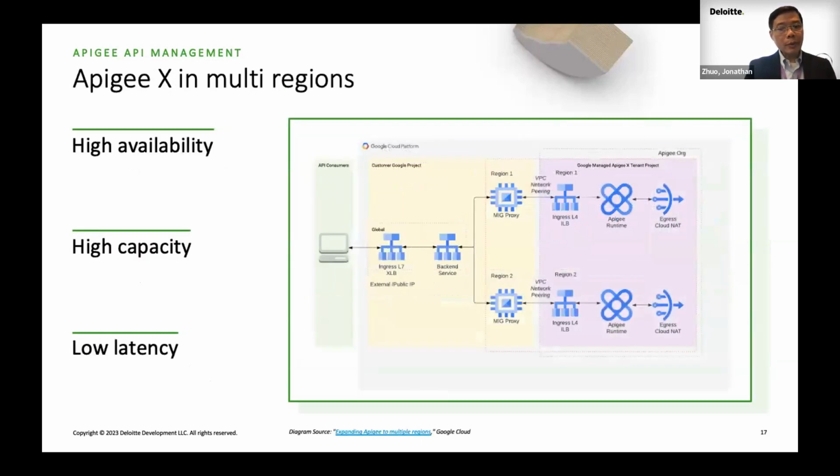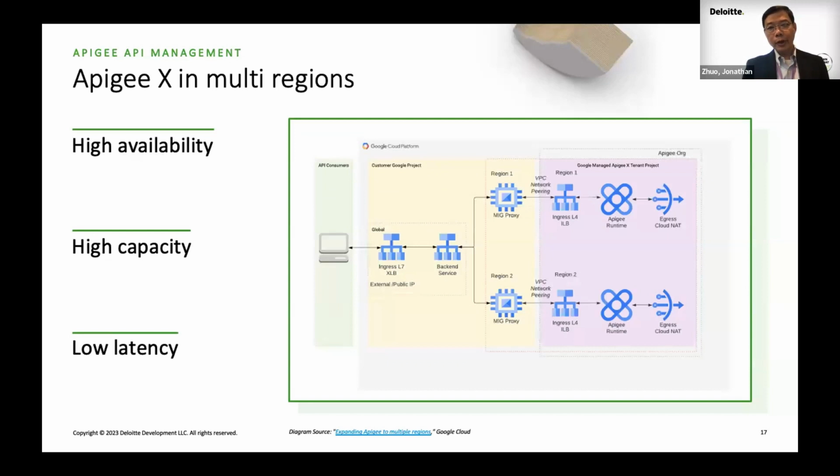Next, we are going to talk about multi-region. You can expand an Apigee organization across multiple regions, because multi-region expansion allows additional benefits. You will get high availability: in case of a region failure, traffic can still be served by the remaining regions, increasing the overall availability of your APIs. Another benefit is high capacity.